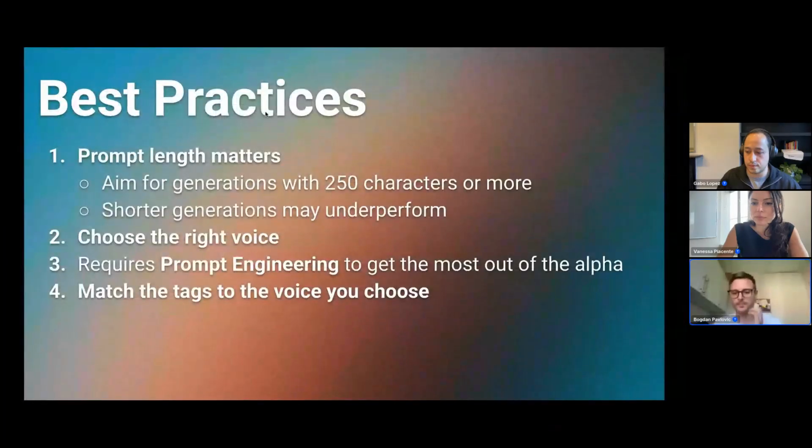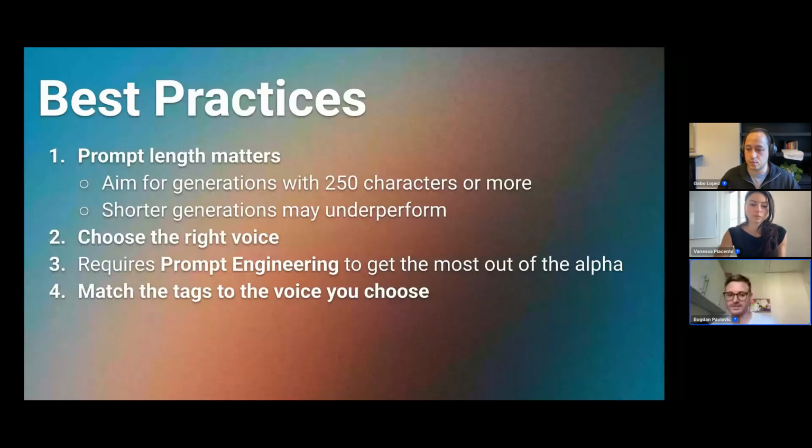There we go. So in terms of best practices, as Vanessa has shared already, there are certain considerations to keep in mind. The first one is that the prompt length matters because our models are contextual. If you aim for generations with 250 characters or more, the model is going to read more into the situation and provide you with a better output compared to shorter generations.